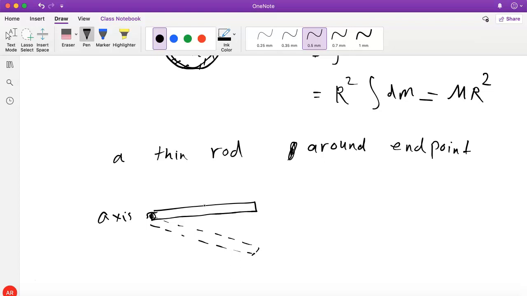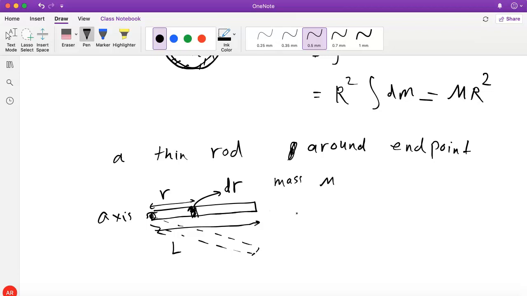I need to divide it into little pieces such that each piece we can approximately say is at one distance from the axis of rotation. So I look at a tiny piece over here. Let's say it's a distance r from the axis, and the length of that piece is dr. Let's say the length is again L and the mass is m.